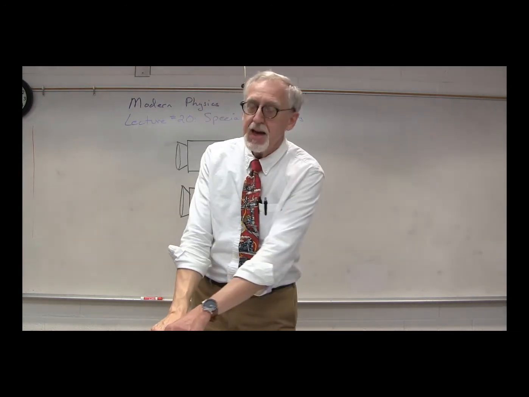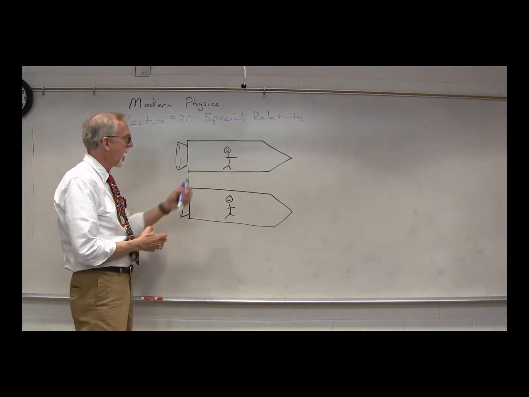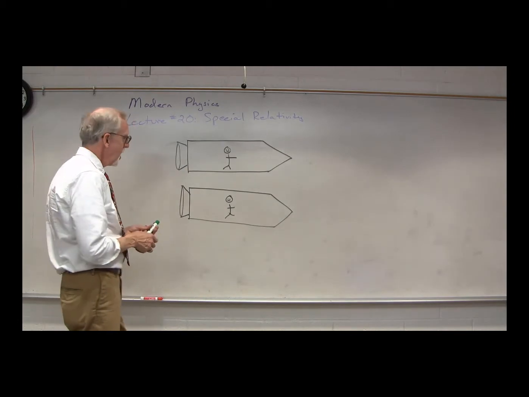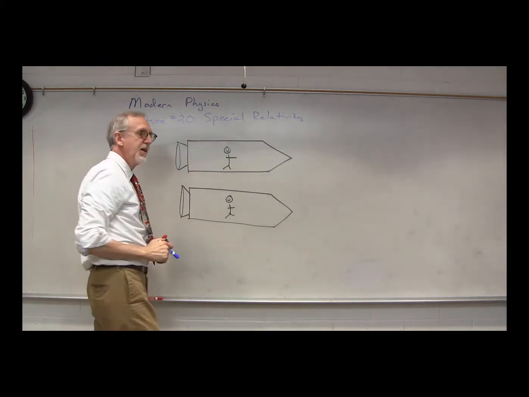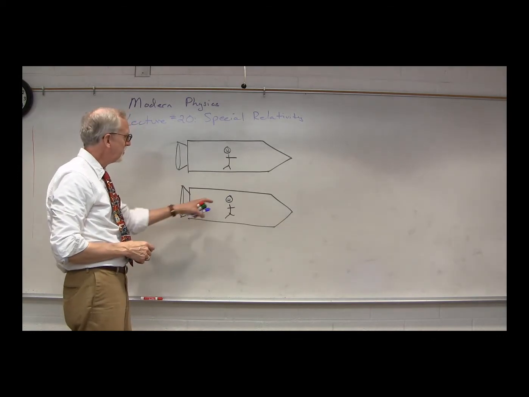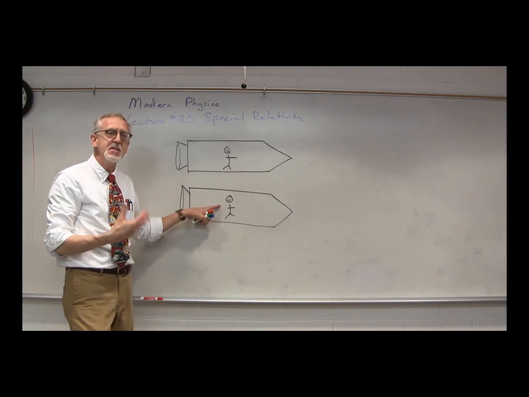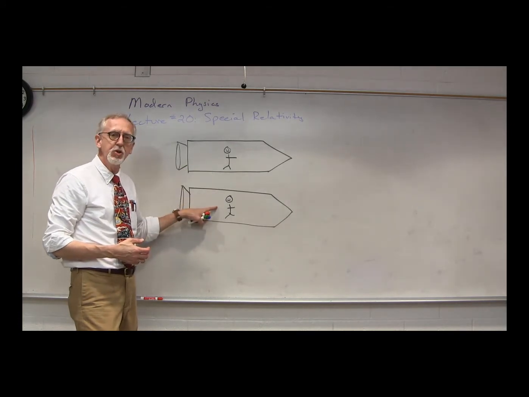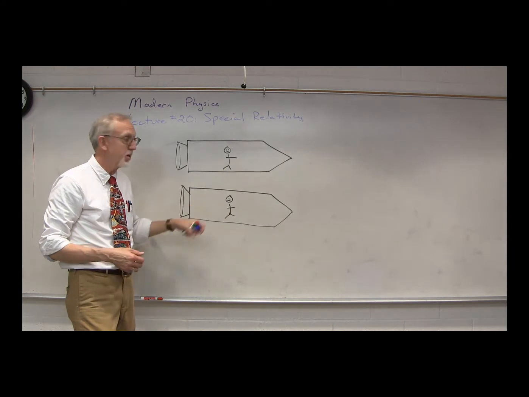Well, let's imagine that we've got, say, 2 rocket ships with 2 astronauts in them. This astronaut does an experiment in their rocket, and this astronaut does an experiment in their rocket. There is nothing that either one of them could do to determine whether they are moving relative to the other rocket or not.